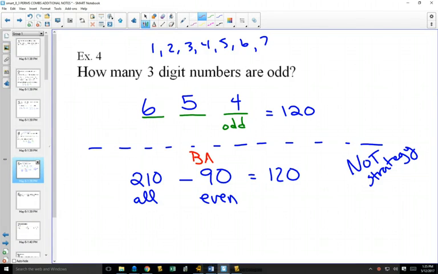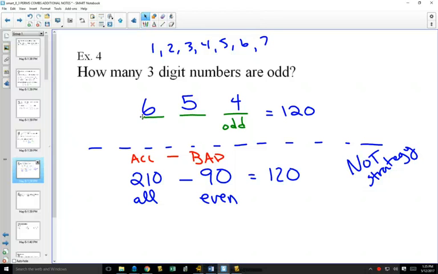Well, we counted the even ones. That's not what you're supposed to count. You're supposed to count the odd ones, but you count the opposite. And so the not strategy, I basically call count all of them, subtract the bad ones, and if you subtract the bad ones, you're going to be left with what you wanted to count to begin with.